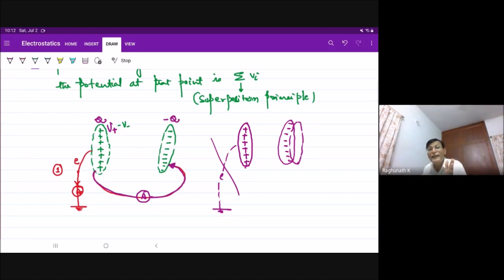But definitely, because it is away from it, the negative potential at any point on the first conductor, because of the negative charge, will be smaller in magnitude than the positive potential because of the positive charge on it.